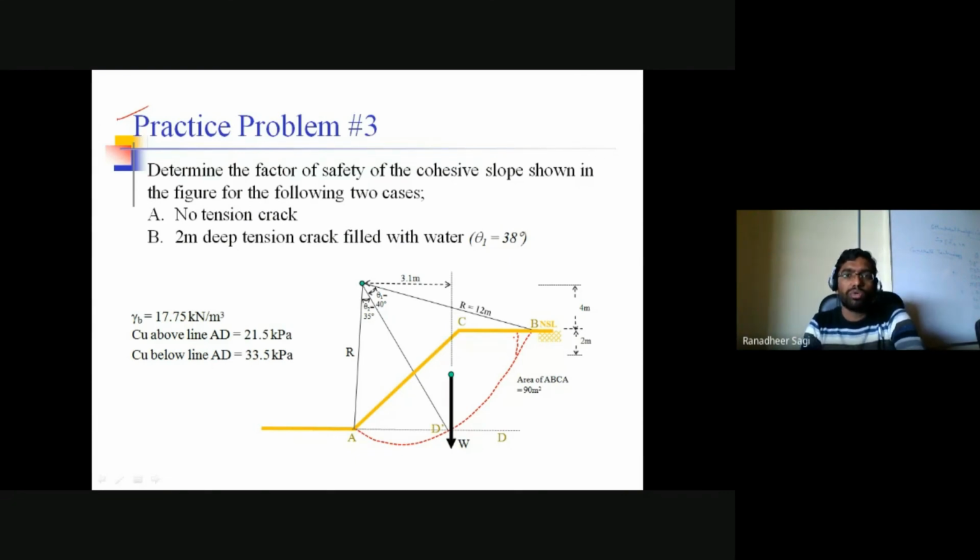Cohesive slope in the sense that only the C value exists, whereas the phi value of that soil is equal to 0. There are 2 cases. One case refers to no tension crack developing in that slope. And the second case says a 2 meters depth tension crack, filled with water.